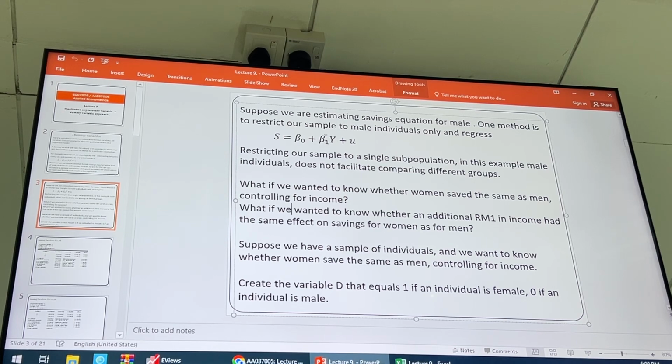So suppose we have a sample of individuals. We want to know whether women save the same as men controlling for income. So we can create a variable, whatever name we like, for example T, to represent that variable that equals 1 if an individual is female, 0 if an individual is male.